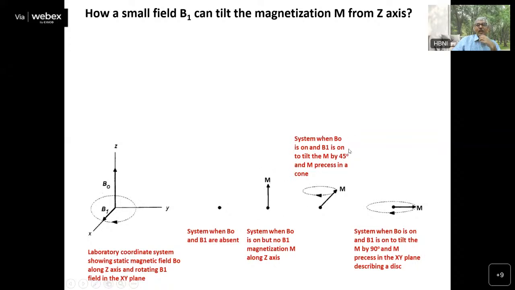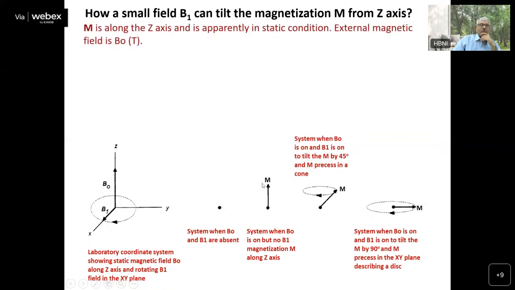Now, if you put B1 on, M is along the z-axis and is totally held by the externally applied magnetic field B0. Now you are putting a radio frequency field of magnitude B1 along the x-axis. One thing I want to tell you: this B1 has nothing to do with the radio frequency itself.